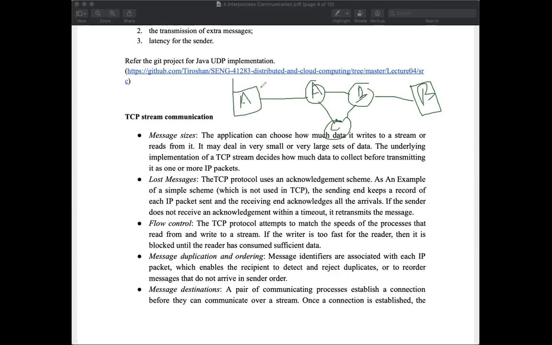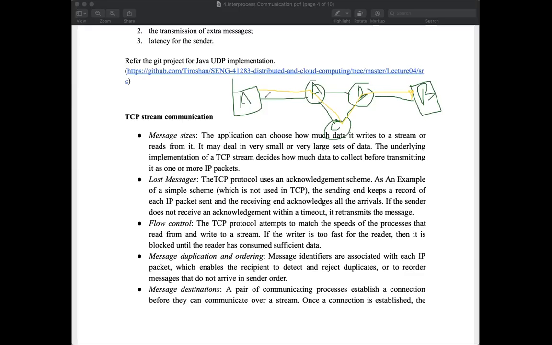It can be traversed through A, C, B, then reach the destination B. From then onwards, in the communication between A and B, the TCP protocol refers to the same connection, the same path, the same routing. That's why we say it's connection oriented communication.